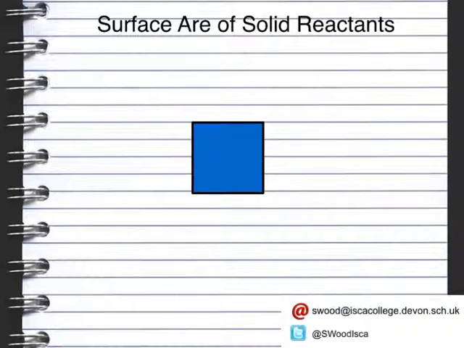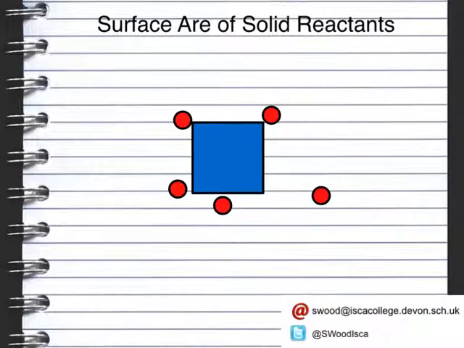On the screen here we've got a solid reactant. If we're going to react this with a solution or a gas, then we've got our reactants here, and they can all come in and react at various different points.